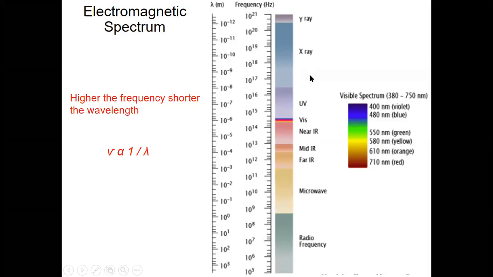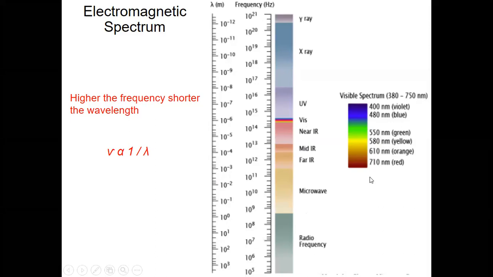The gamma rays, X-rays, UV, visible, near IR, mid IR, far IR, microwave and radio frequency. And for the visible spectrum, the wavelength is from 400 to 700, from violet to red.